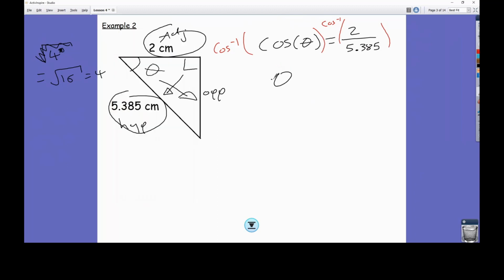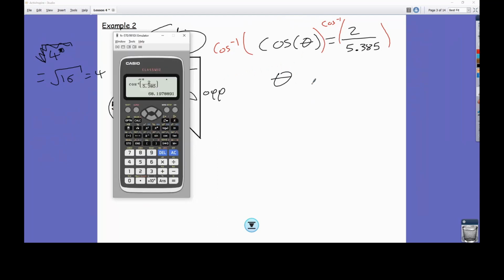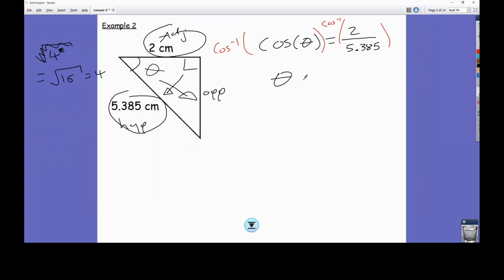So that gives us theta 68.197 degrees. So theta is roughly 68.20 degrees.